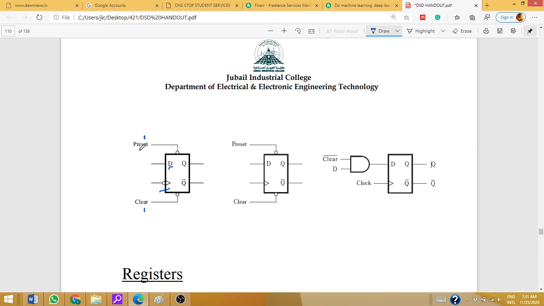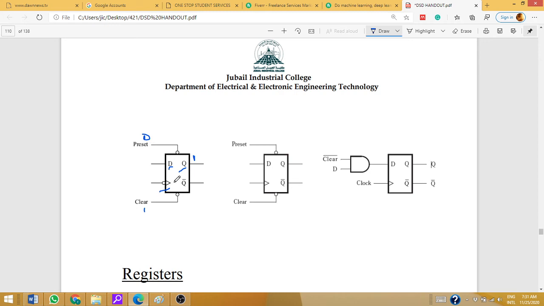See, Shabab, here preset and clear, is it depending upon clock or not? No, it is not depending upon clock. It is independent of clock. That is, if preset is, for example, 0 and clear is 1, output will become 1. So this output becomes 1 when preset is this one, irrespective of clock.